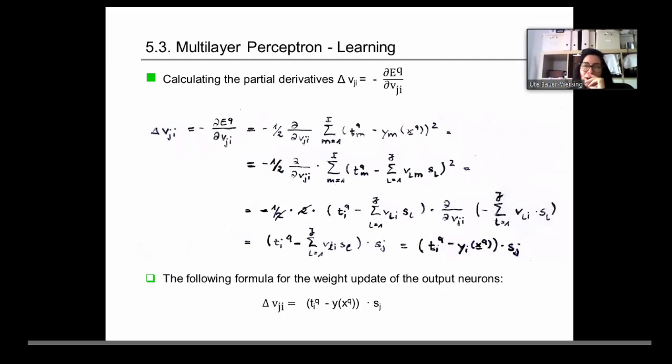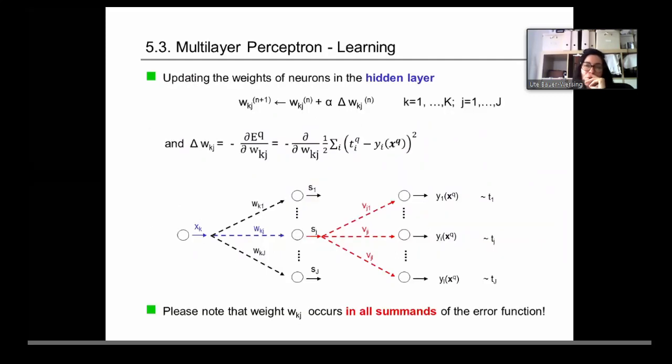Okay, so let's move a step further. How do we update the weights of the neurons in the hidden layer? Again, the basic iterative formula stays the same. We are updating the weights WKJ, which are now the weights of the neurons in the hidden layer.